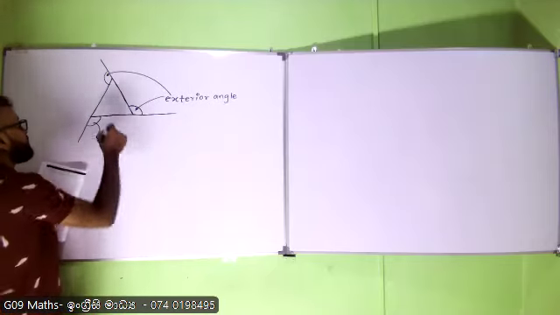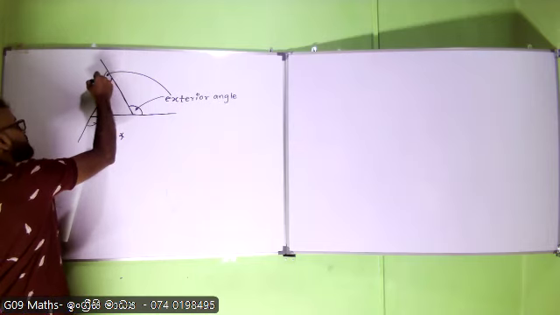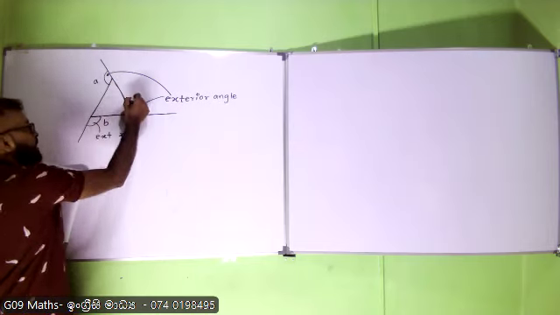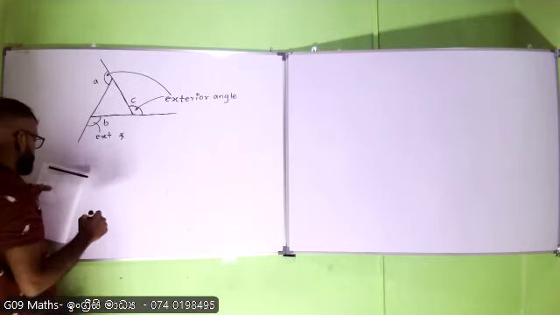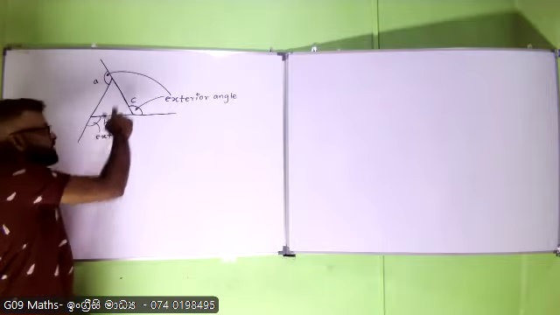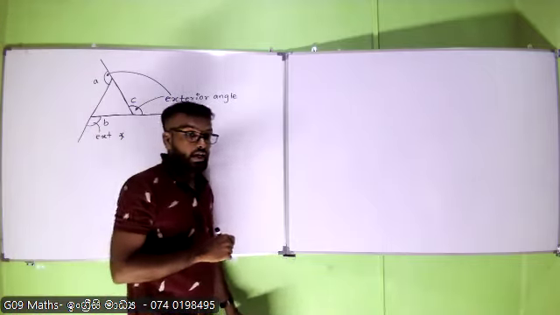So I will name them. This is A, this is B, and this is C. A, B, C are the exterior angles.